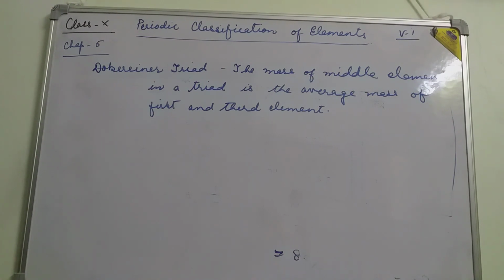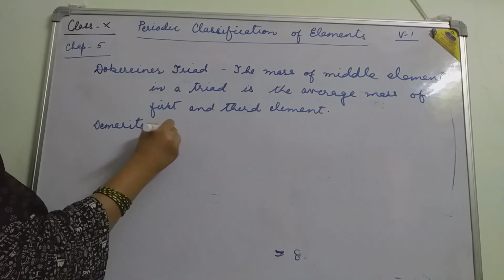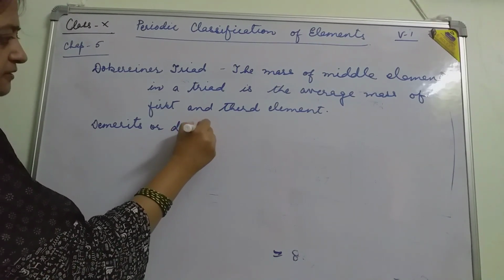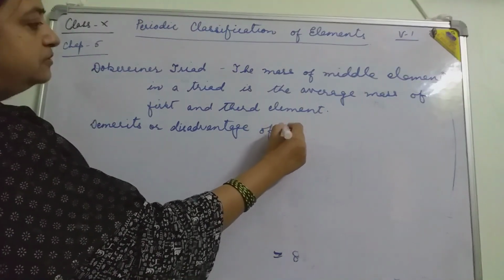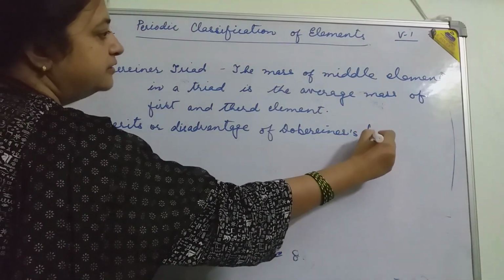So there are demerits, or disadvantages, of the Dobereiner triad.